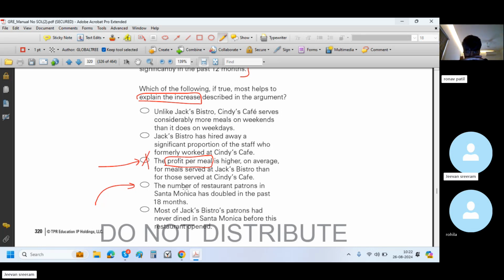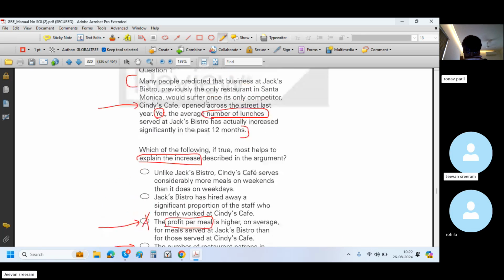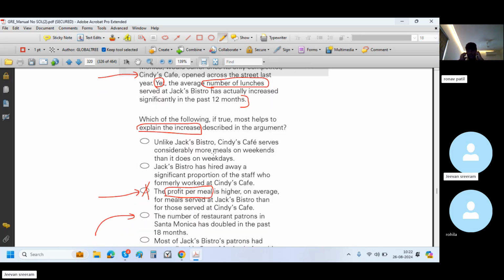Of course, the number of restaurant patrons in Santa Monica has doubled in the past 18 months. In this case, both can actually happen. People might predict that since a competitor also entered the race, the opponent would definitely lose some market share.